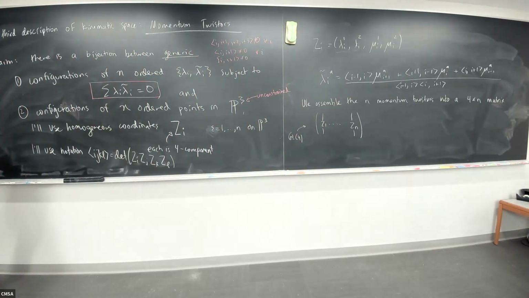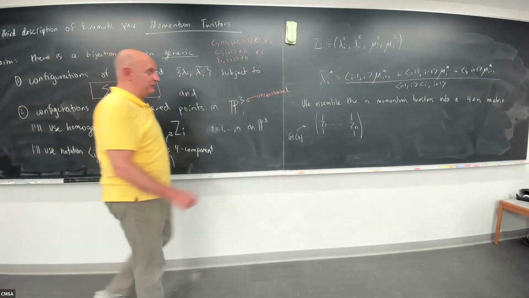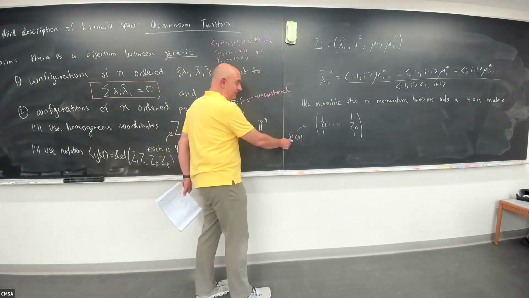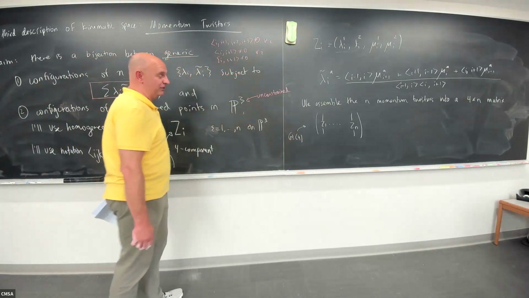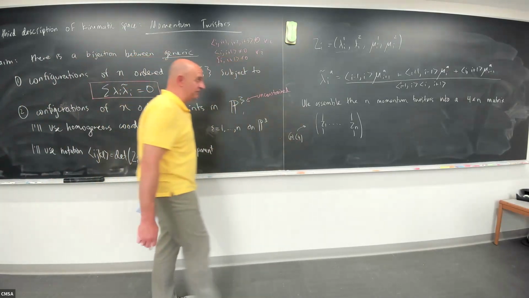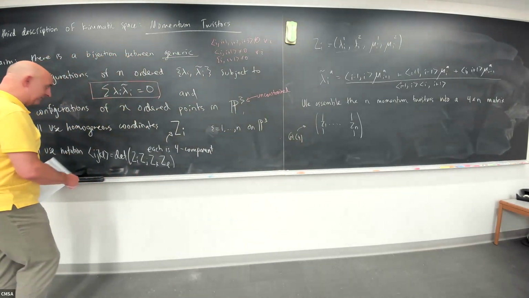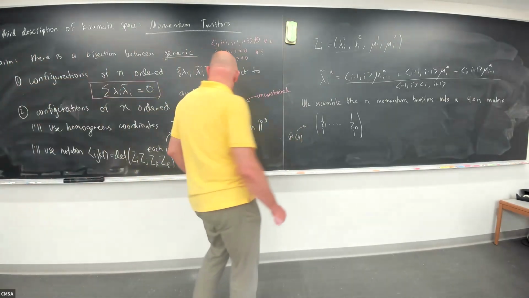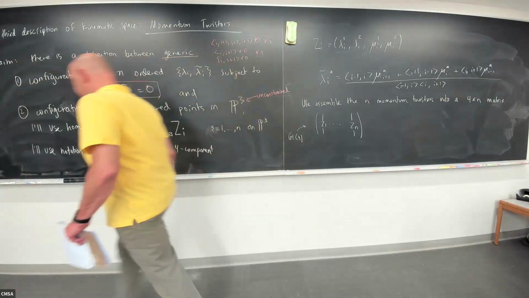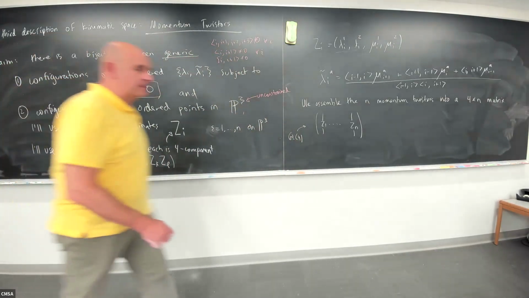Now, if you unpack what happens if you do a generic GL4 transformation on your momentum twistors, it does something really remarkable. It mixes the different spinor helicity amplitudes amongst themselves.